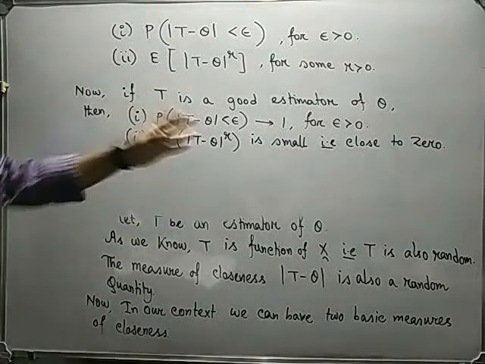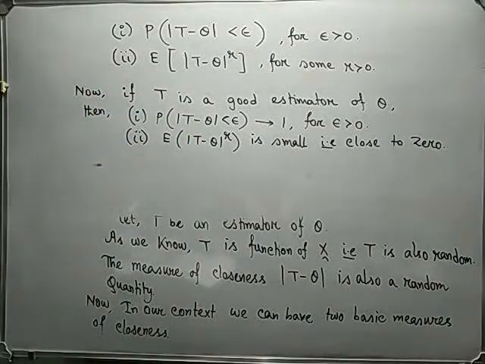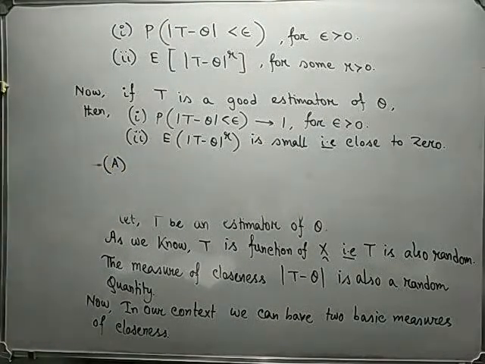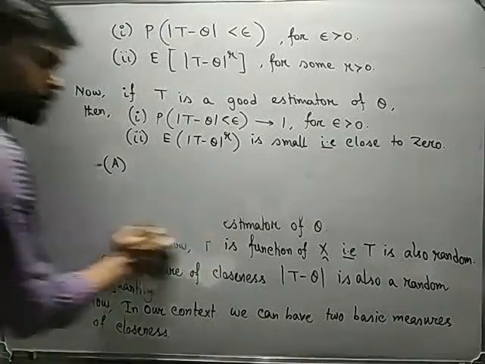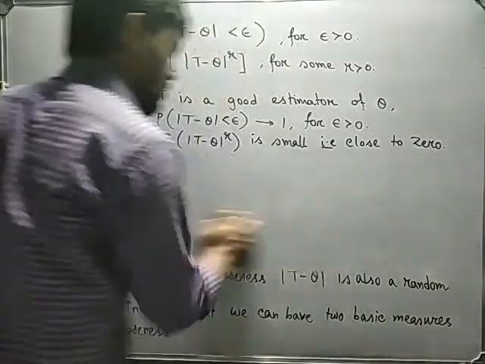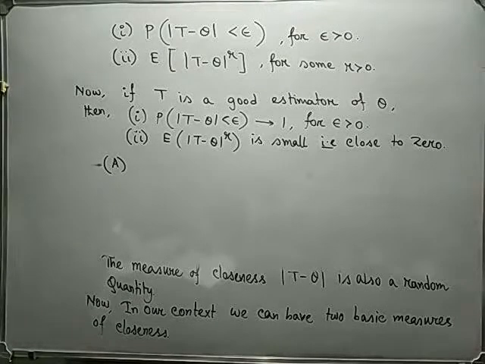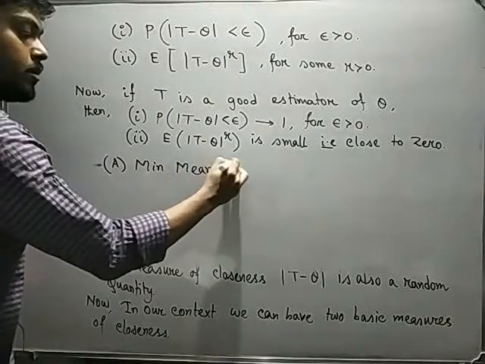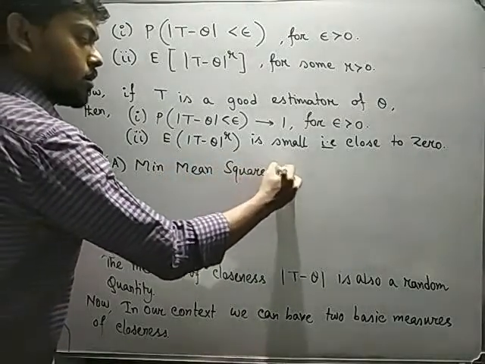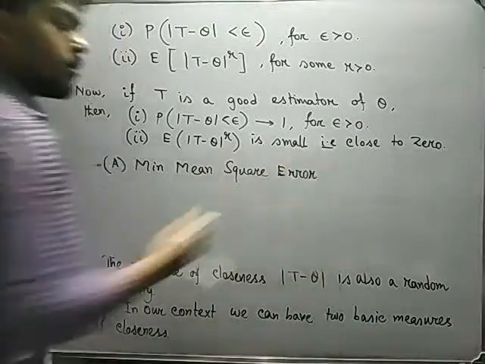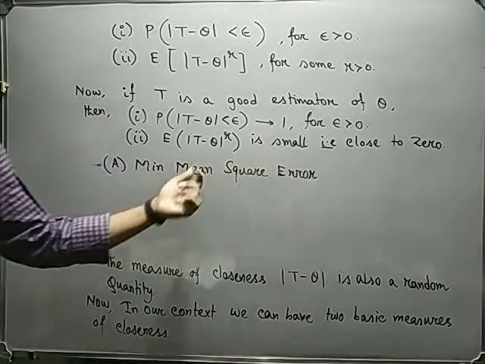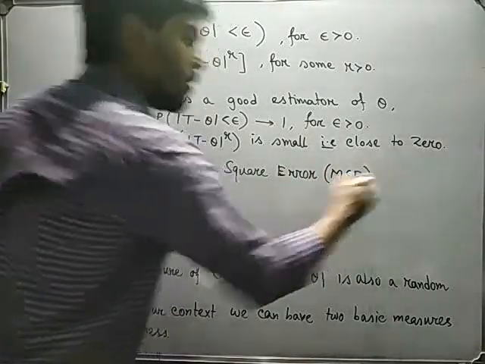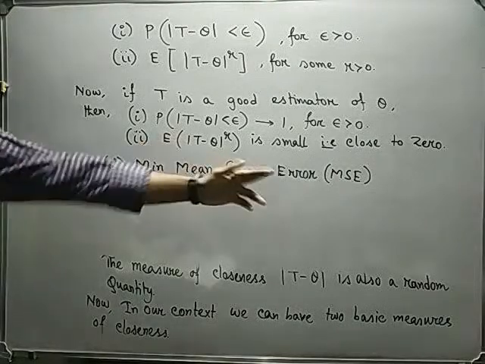Now, based on this closeness and everything, we can have 4 properties. So there are 4 properties of estimators. The first property is minimum mean square error, which can be written in short form as MSE, so minimum MSE.